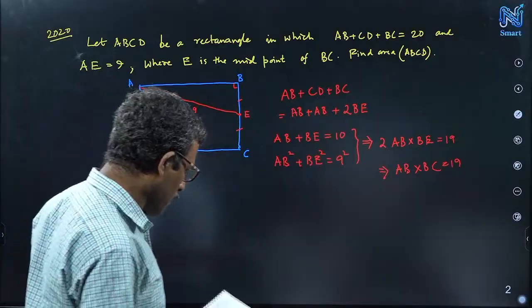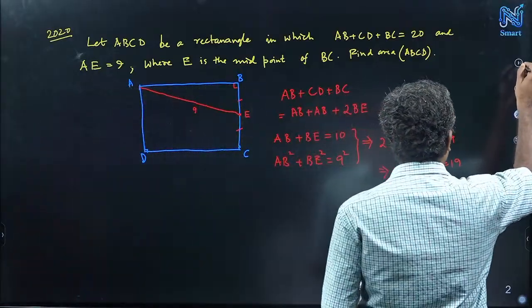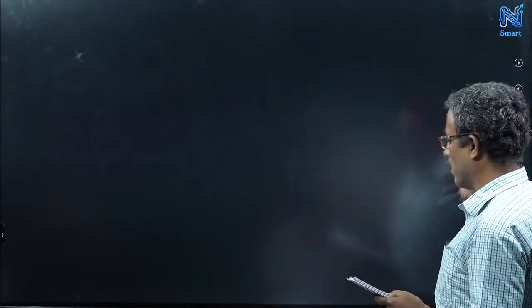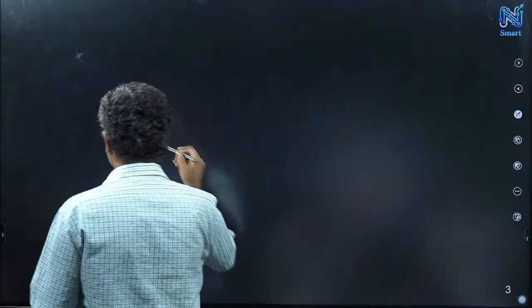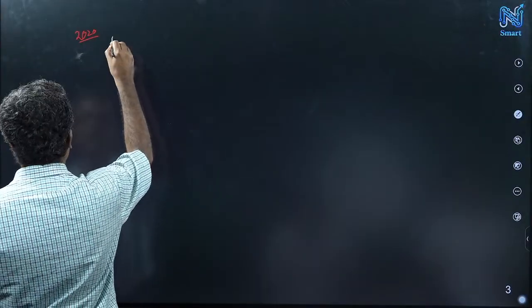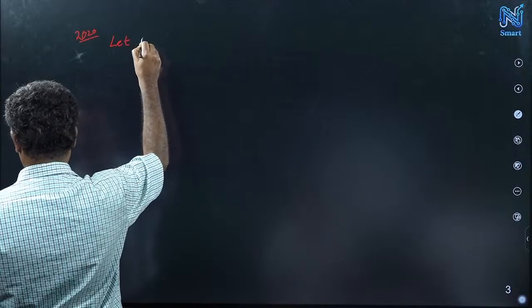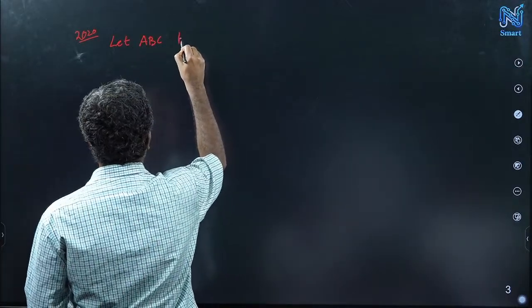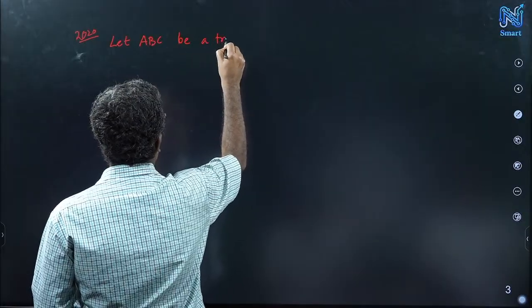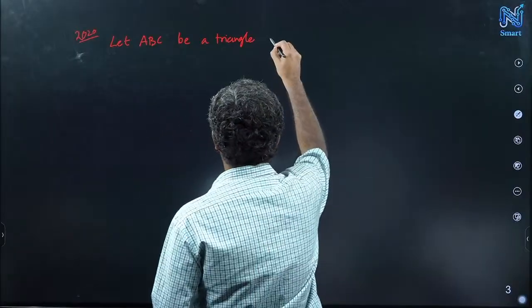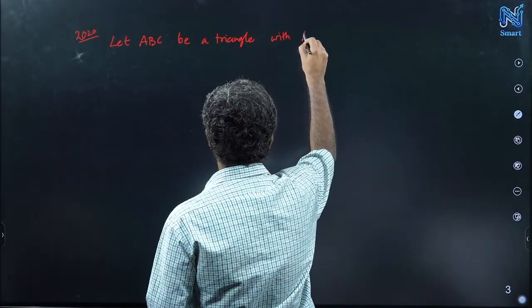The next problem is slightly hard. Should I change this? The problem is same 2020 problem. Let ABC be an isosceles triangle with AB equal to AC.